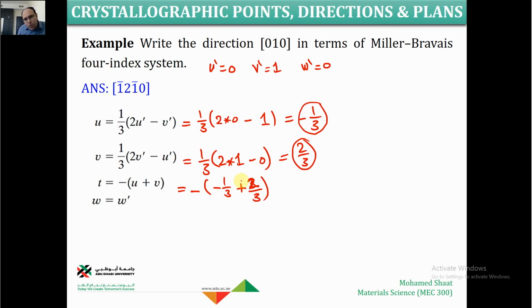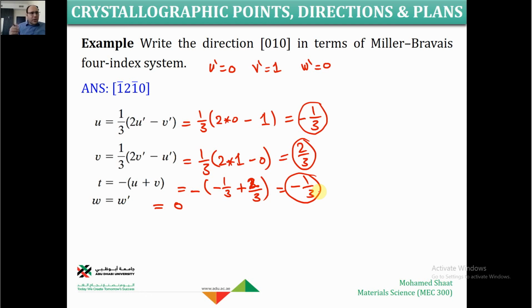So this is gonna give us, at the end, negative 1/3. And W will be W prime, which is 0. So we end up with the indices negative 1/3, 2 over 3, negative 1 over 3, and 0. So we have fractions.